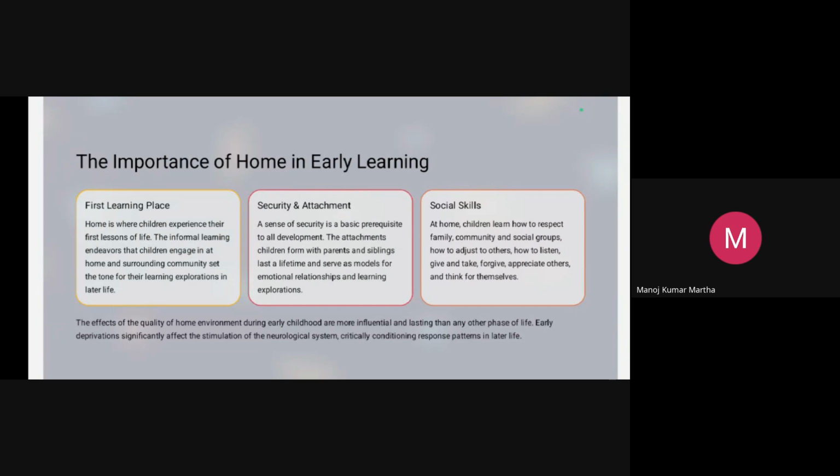Another important thing, a child learns different kinds of social skills from the family. At home, a child learns how to respect family, how to be a social animal, and how to develop different kinds of social qualities.